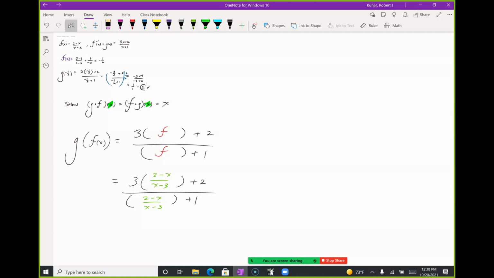That's one of those things I had to do to get myself to understand it, to know what was really going on, just to put a quick placeholder in there so I could think a little bit. Now, what's my little trick here? Well, I have fractions within fractions, so this is called a complex fraction. I'm going to clear those interior denominators, looking for a common denominator over itself, and that's clearly x minus 3 over itself.